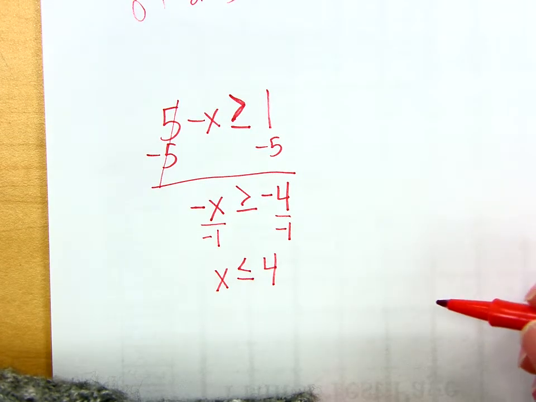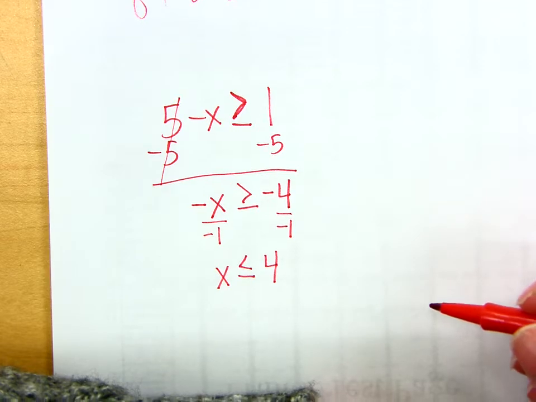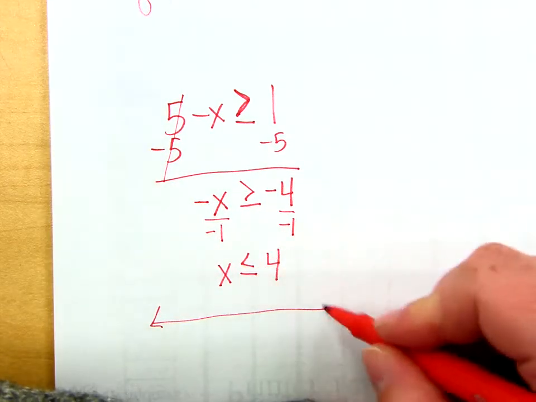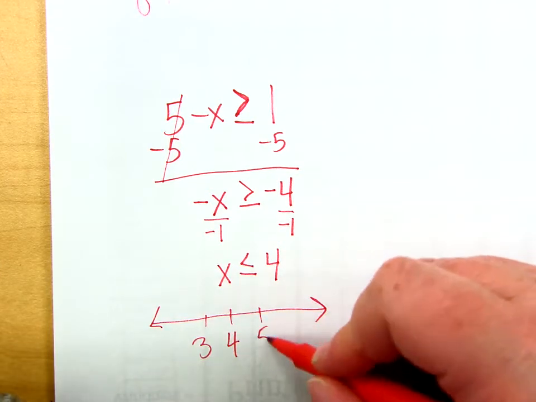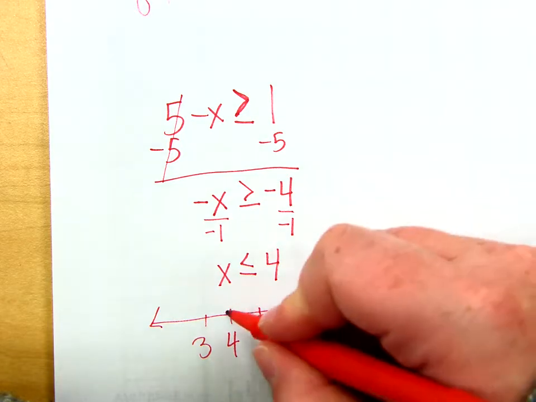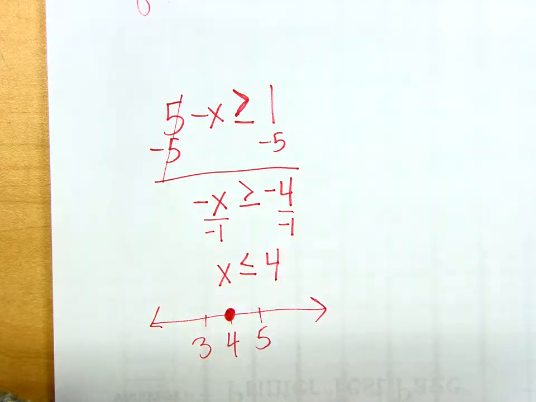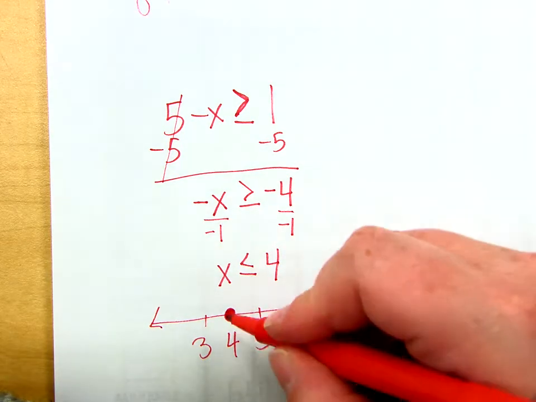If you multiply or divide by a negative, the symbol gets flipped over. If the number is positive, you leave it alone. So now I could graph this if I wanted. Open or closed dot at 4? Closed and shaded to the left.